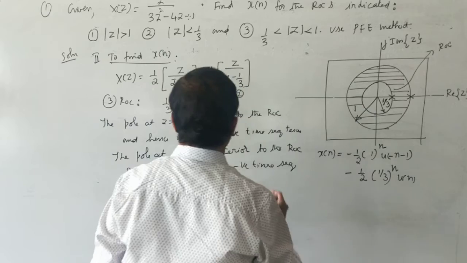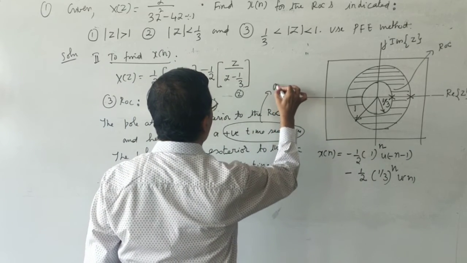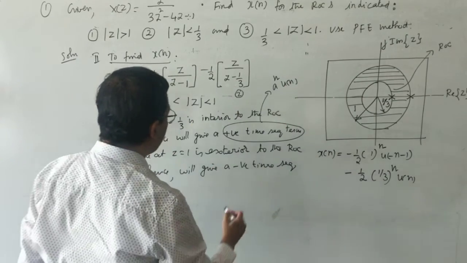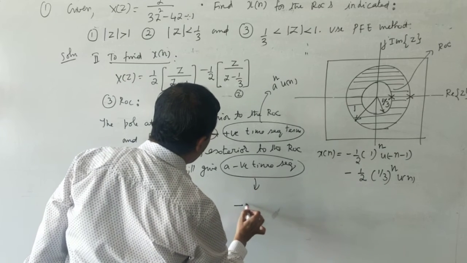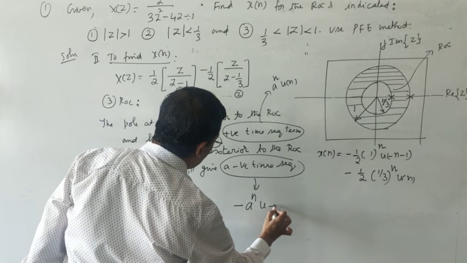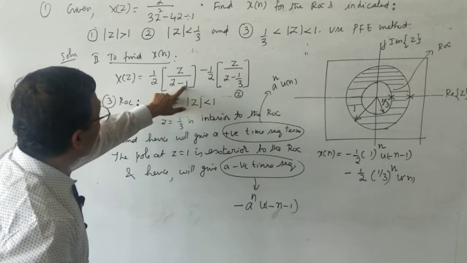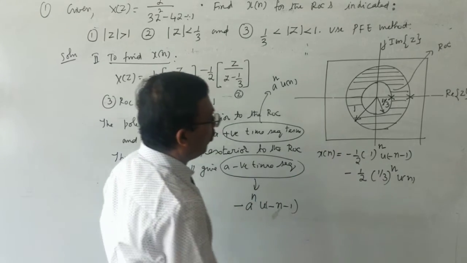I repeat, positive time sequence term means in this context it is a to the power n into u of n. A equal to what? 1 by 3. Negative time sequence term means it is minus a to the power n into u of minus n minus 1. What is a here? 1. Correct? And this minus sign is reflected over here. 1 to the power n is 1.